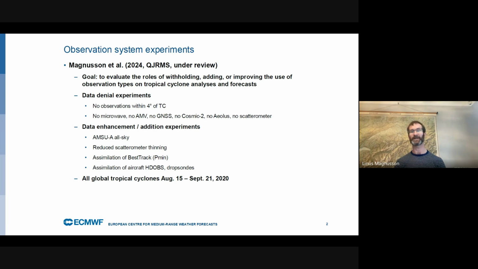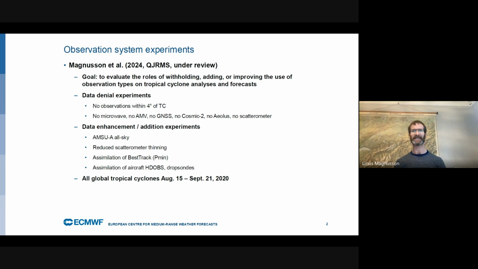But then we also removed in one experiment all the microwave data, in another all the AMVs, and then all the GNSSRO with a special experiment with only the Cosmic 2 data withdraw, no Aeolus and no scatterometer.